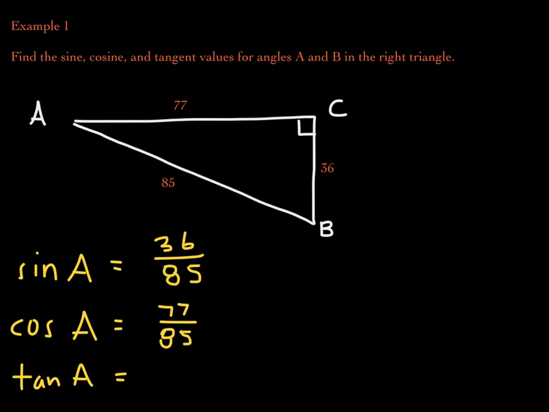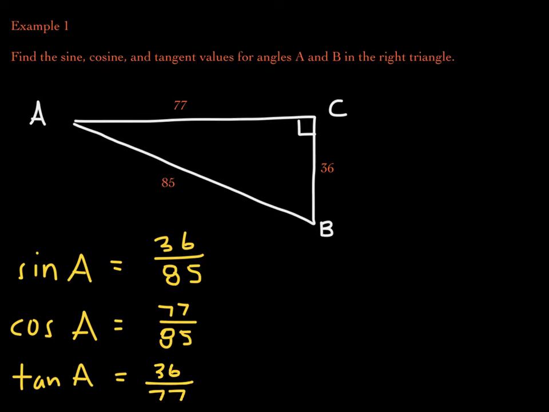Finally, tangent of angle A will be opposite over adjacent. Opposite over adjacent, 36/77. All right, so those are the function values for sine, cosine, and tangent for angle A.